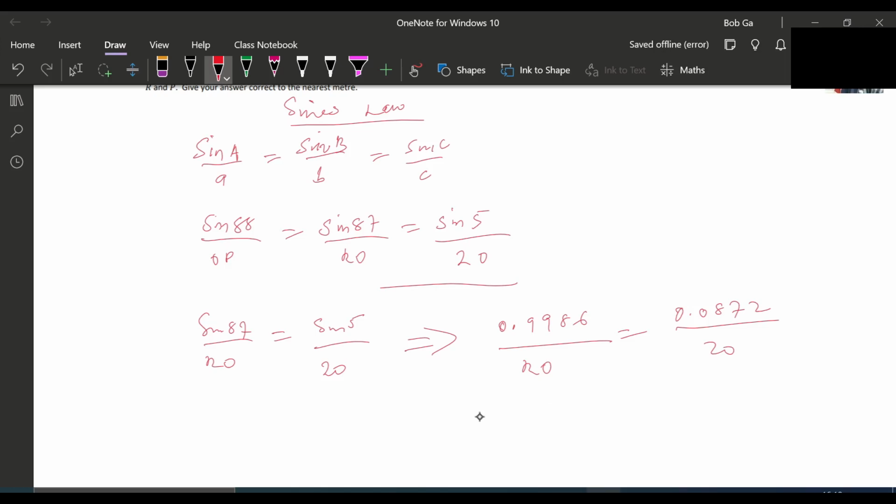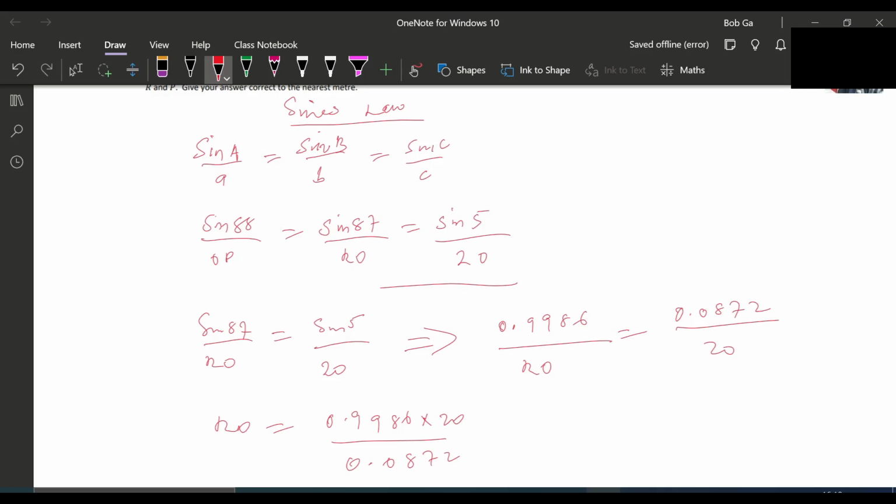From here we can deduce that RO is equal to 0.9986 times 20 all over 0.0872. So that's what we get for RO.